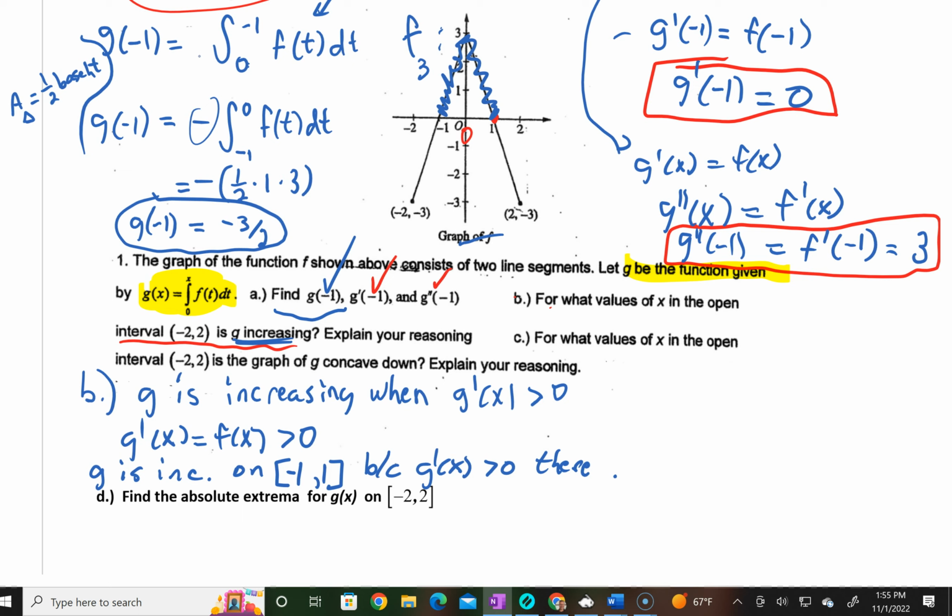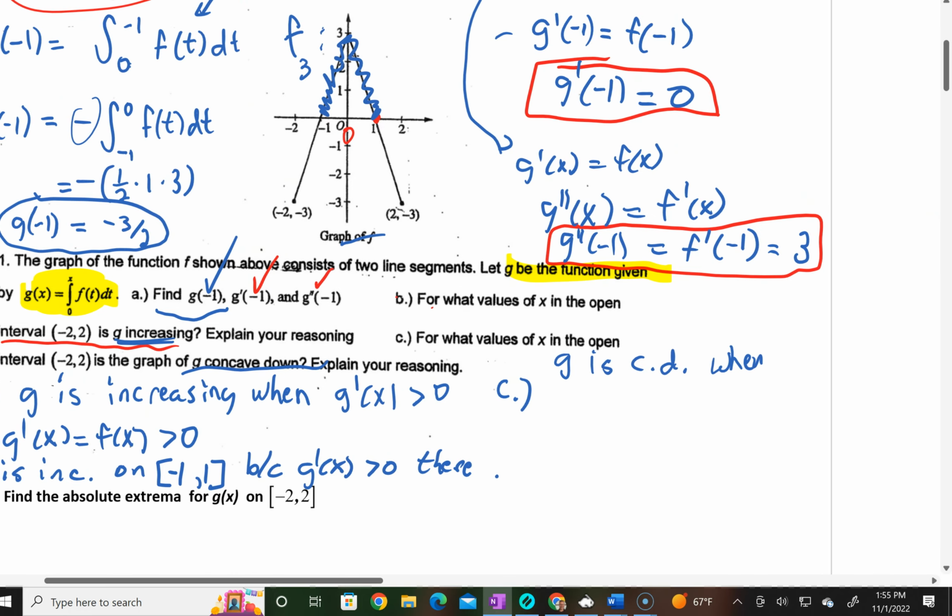Okay? All right. Let's do C. For what values is G concave down? Well, let's think about this. G is concave down when what happens? When G double prime of x is negative.